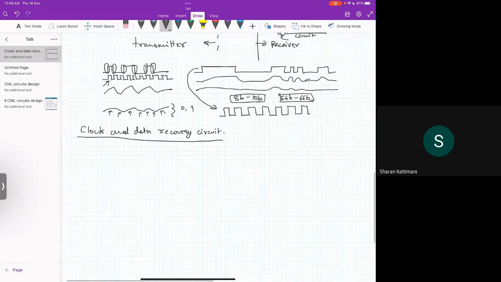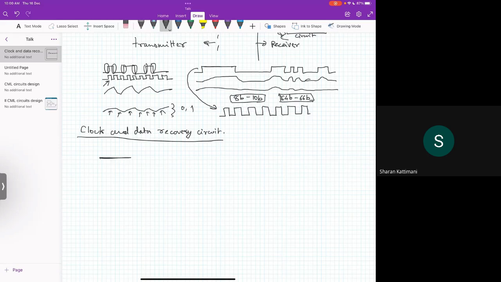The first problem is that, as I have told you, ultimately we are going to receive only a single line. Let's assume this is the ideal data that we wanted to receive, but because of practical limitations we got something like this.